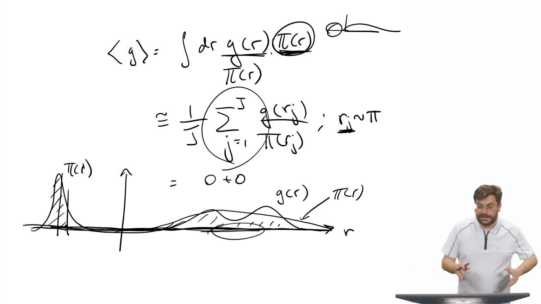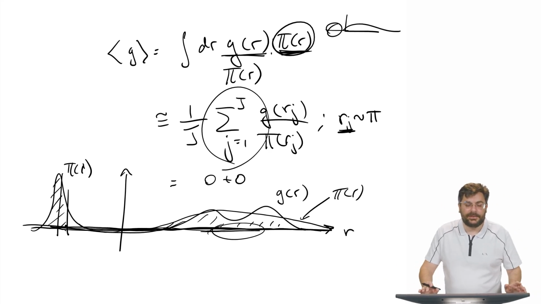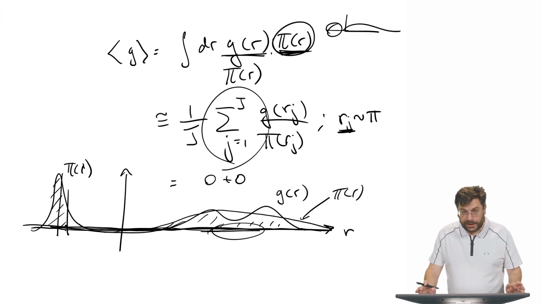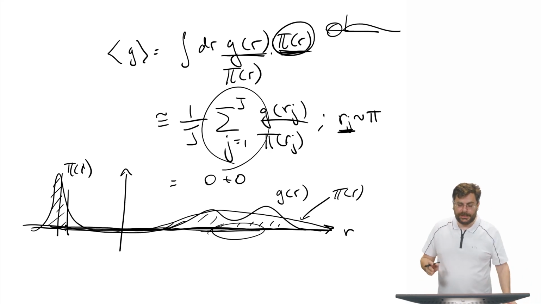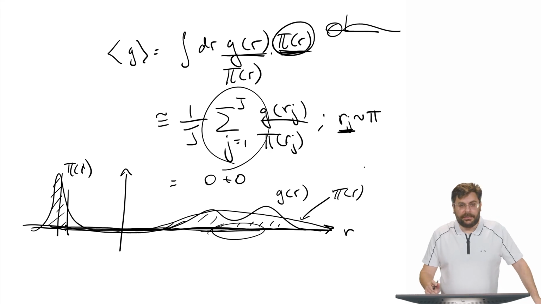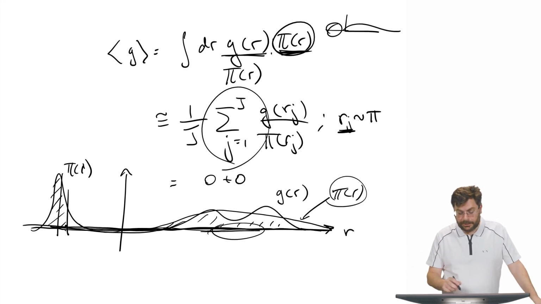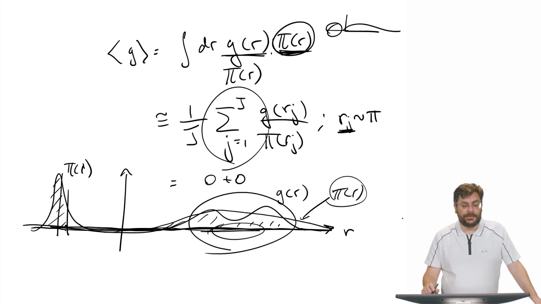Now, this example is an extremely simple example in one dimension. When you're thinking about multidimensional sampling or integration problems, developing a pi of r which is convenient to sample from and centered at roughly the region where g of r has most of its density becomes extremely important.